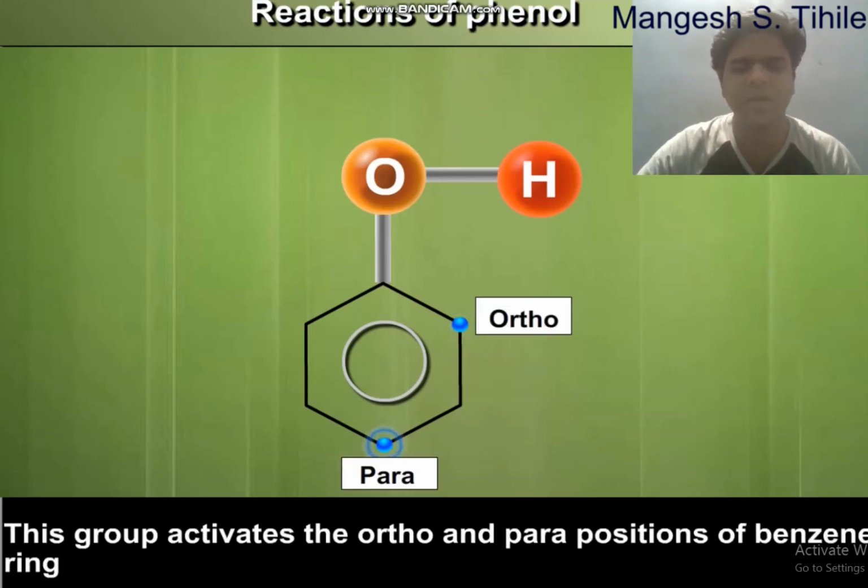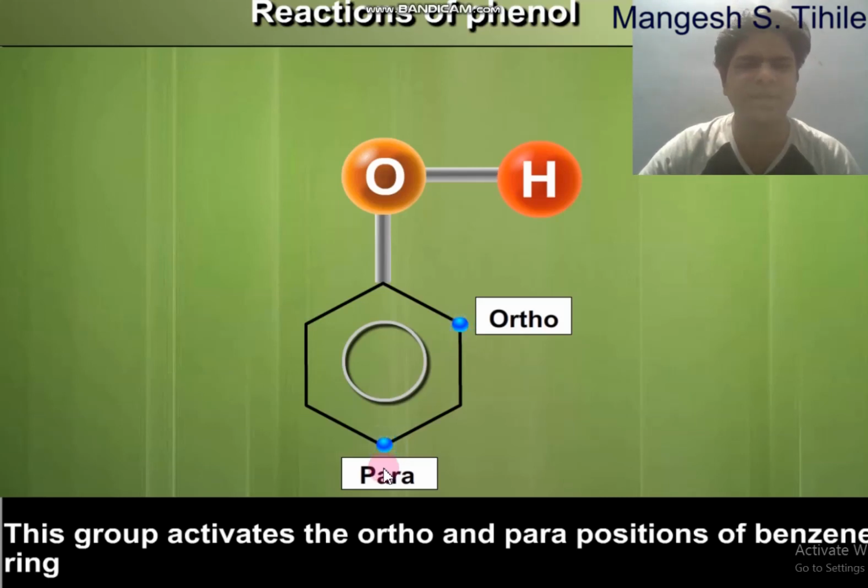Ortho and para products are formed in the chemical reactions of phenol. In particular, aromatic electrophilic substitution reactions occur, like halogenation, nitration and sulfonation.